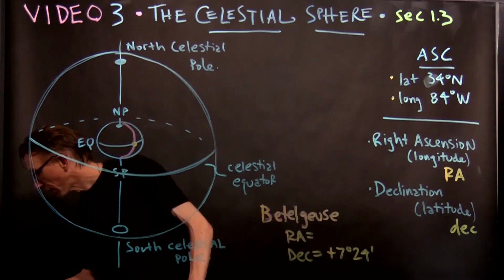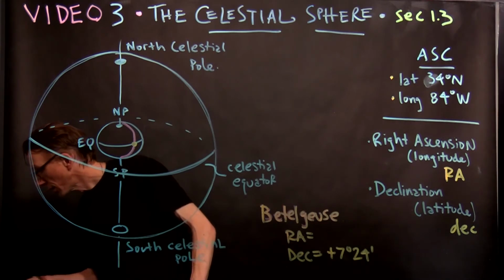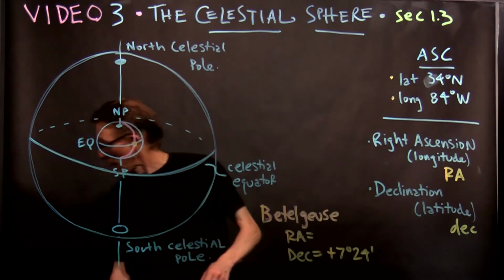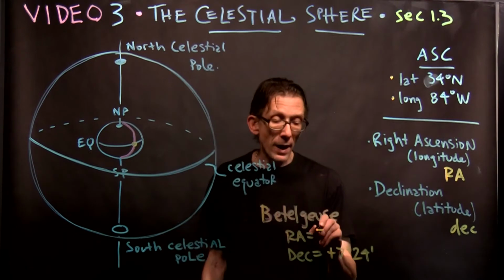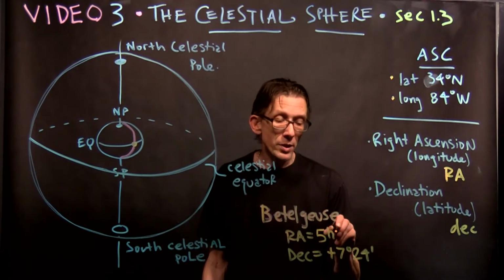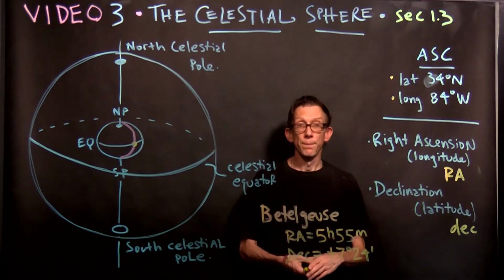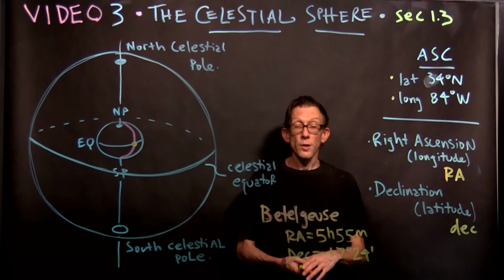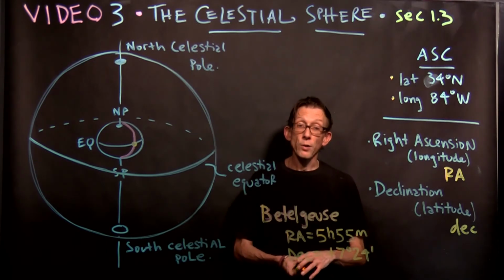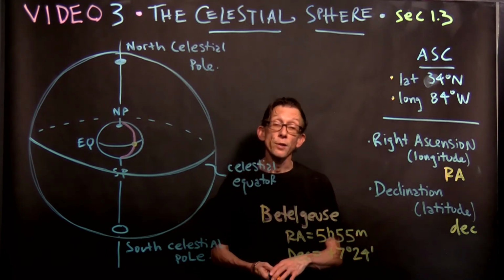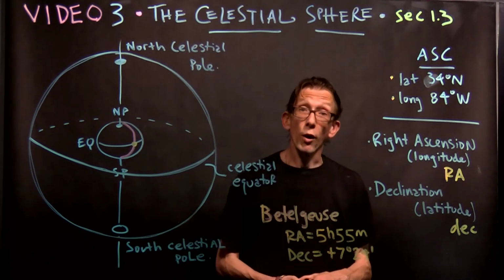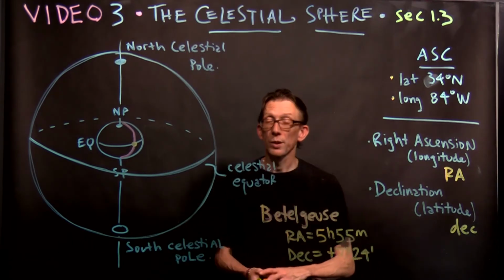The units are different. For Betelgeuse, the right ascension is 5 hours and 55 minutes. 5H, 55M. The units of right ascension are in hours. I'll show you how that works.